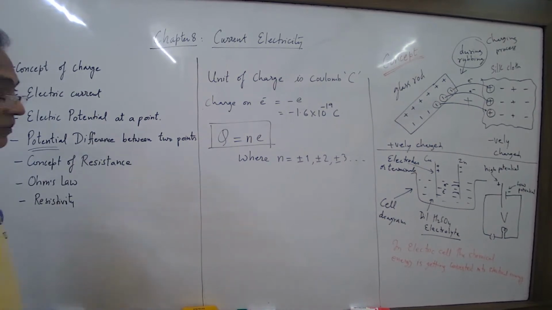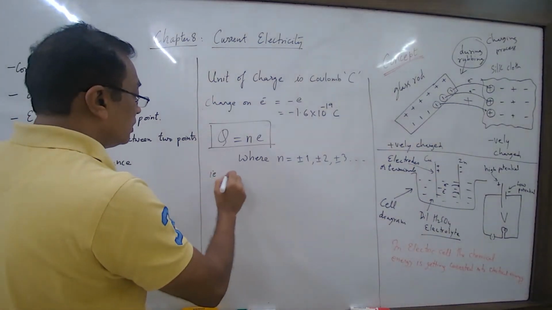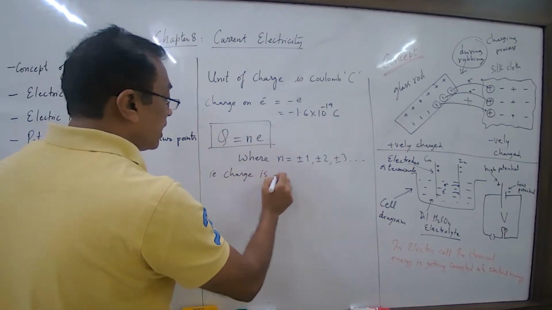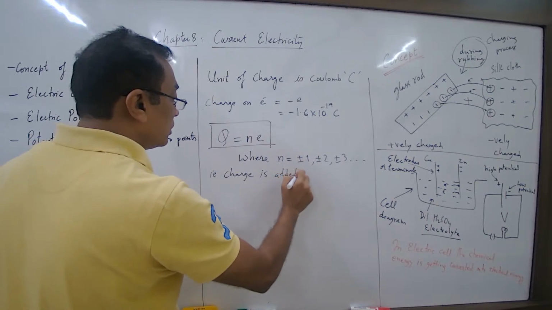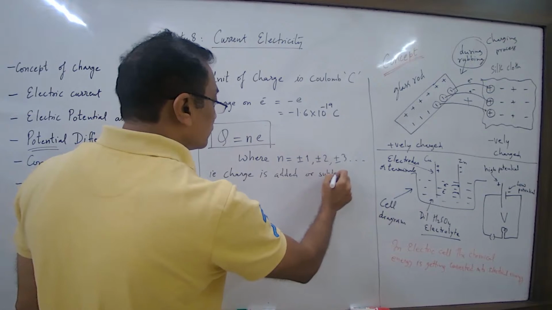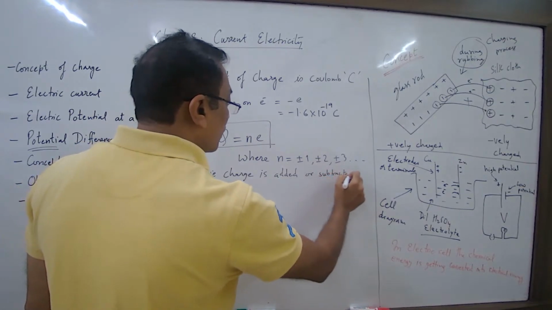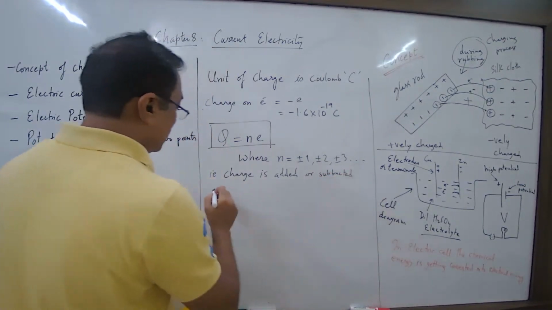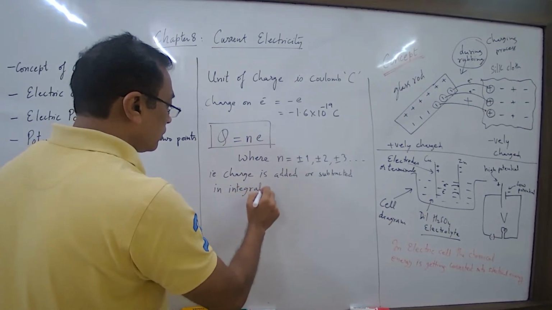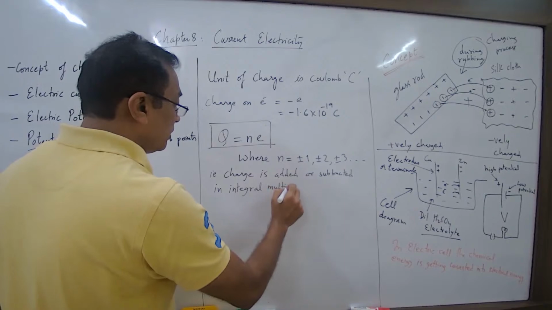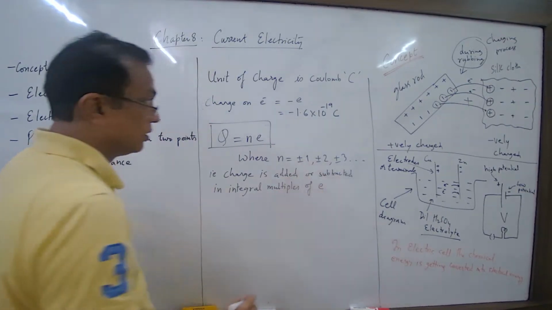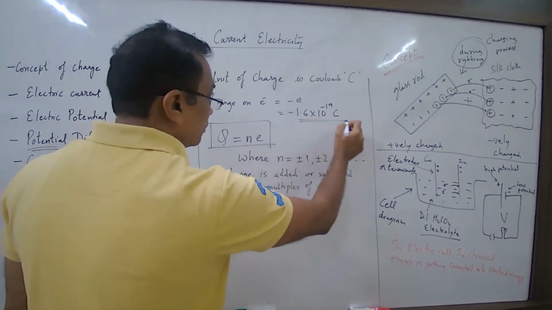Okay? That is, charge is added or subtracted in integral multiples of E. And what is E? This value.